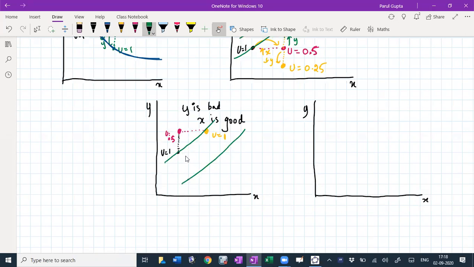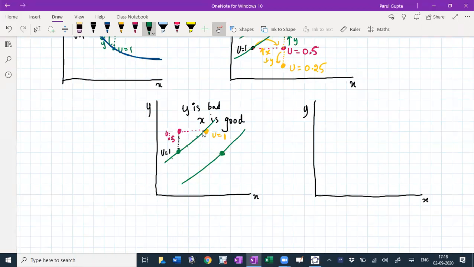Yes. You can compare a point on this indifference curve and this one just to check. These 2 points have the same level of y and more of x. So which one is going to have better utility? These 2 points are not of the same utility, because they are not on the same indifference curve.